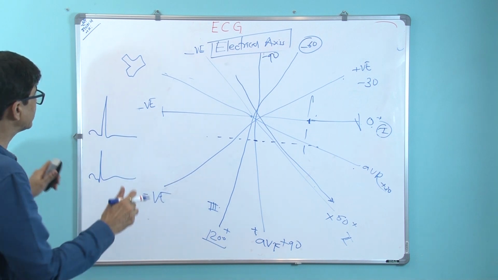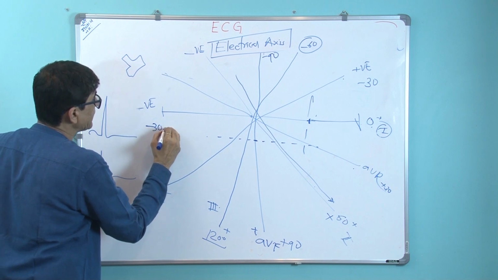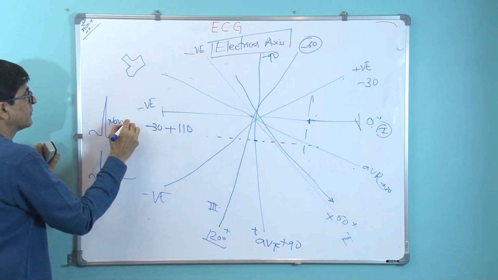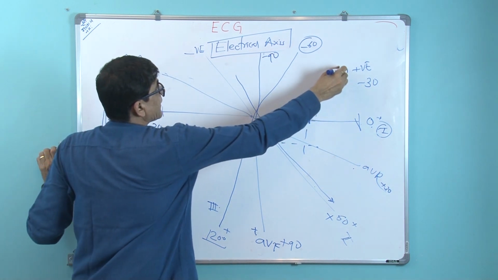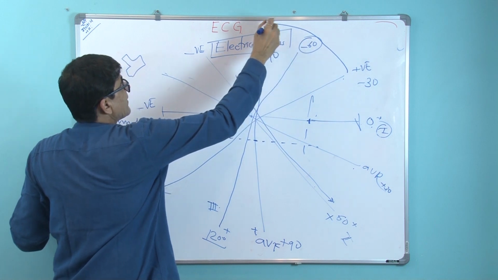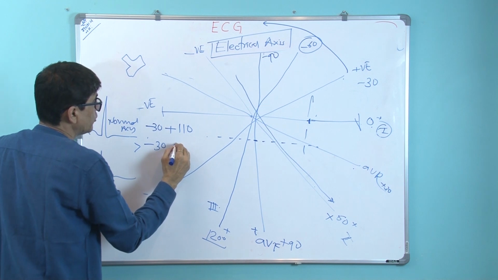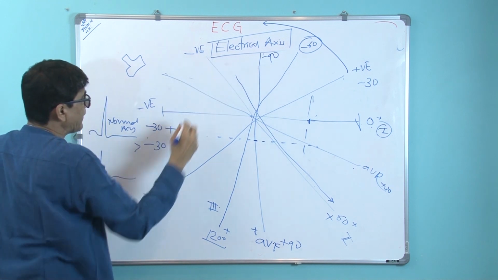So, what is normal axis? Normal axis is from minus 30 to plus 110. More than minus 30 to minus 90 is a left axis.